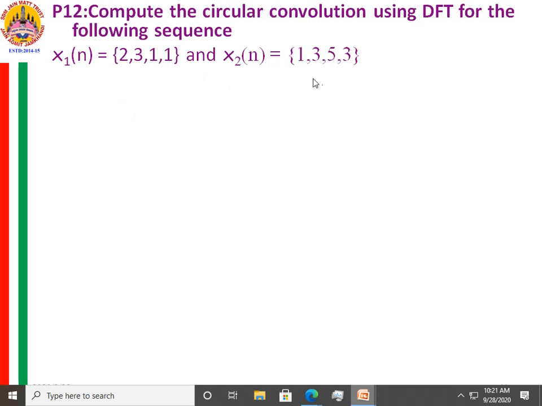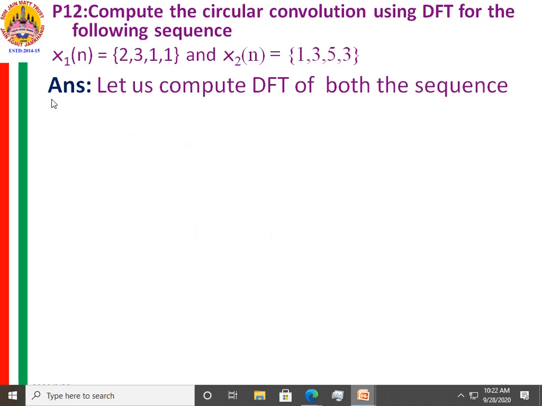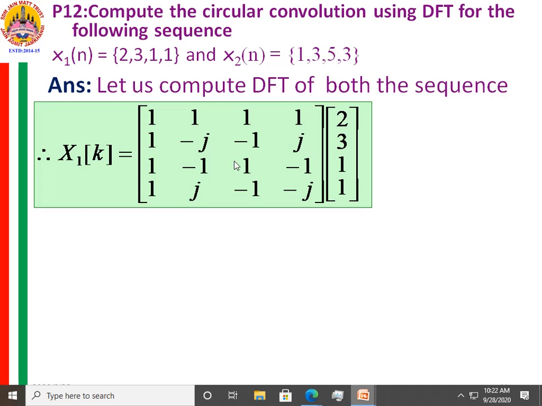Once we obtain the DFTs of these two sequences, x1 of k and x2 of k, we should multiply them. And then we obtain the output DFT, that is yk. Yk is the DFT of the x1 of k into x2 of k. So let us compute DFT of both these sequences.